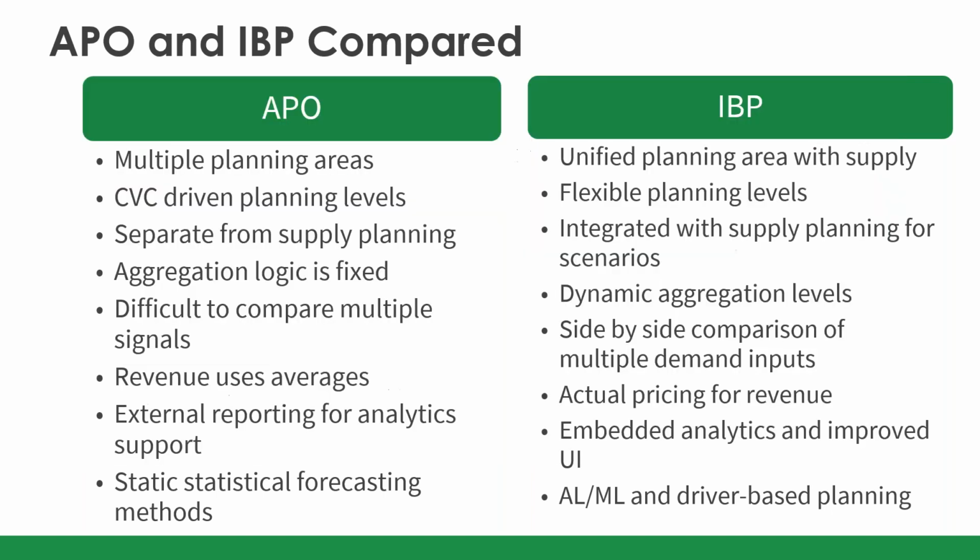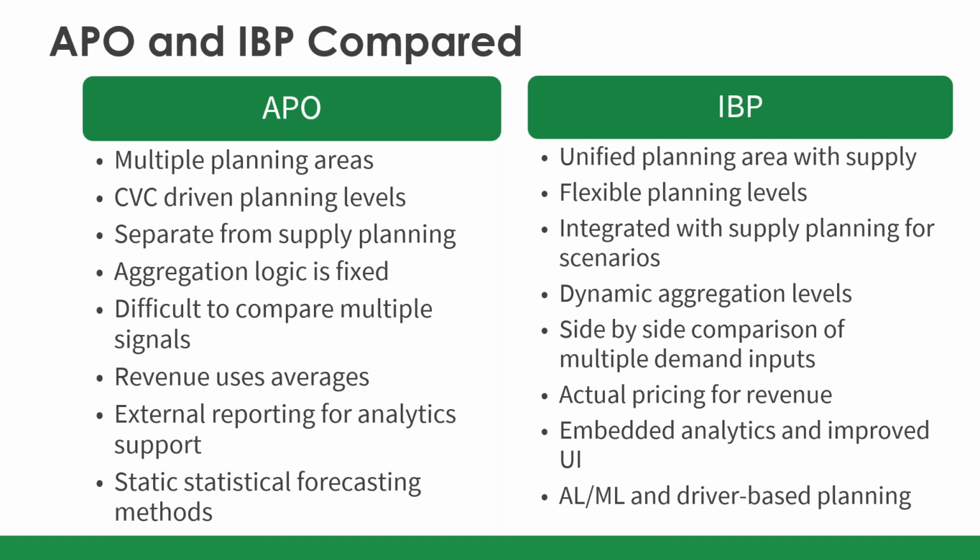The other thing I was going to note here is the external reporting for analytics support, right? So pulling data out and then reporting in BI. With IBP, because you're using the Excel interface, it's really embedded analytics, if you will. You get a lot of information quickly and aggregate quickly. So a lot of the reporting needs that you would have from an external system really are mitigated by the structure of IBP, from the aggregation and disaggregation levels.